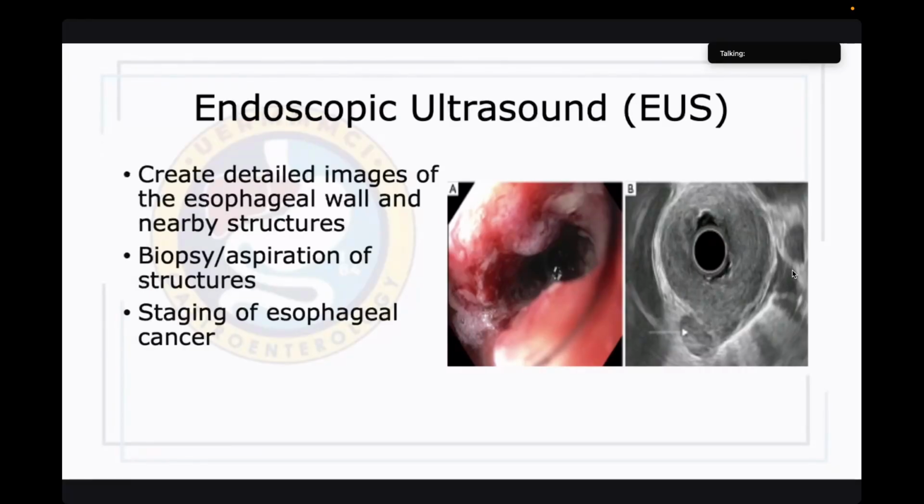And this creates detailed images of the esophageal wall and nearby structures. EUS is particularly helpful in esophageal conditions if you want to determine the depth of the tumor, like in staging of esophageal CA. Plus, it can also guide fine needle aspiration of nearby structures, like lymph nodes or maybe tumors that are closely related to the esophagus.